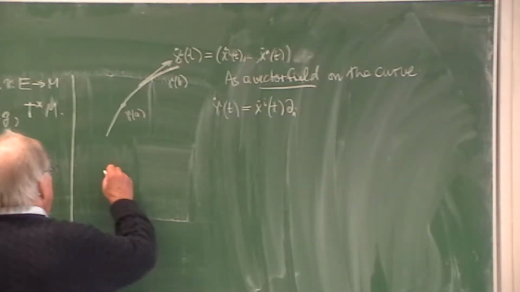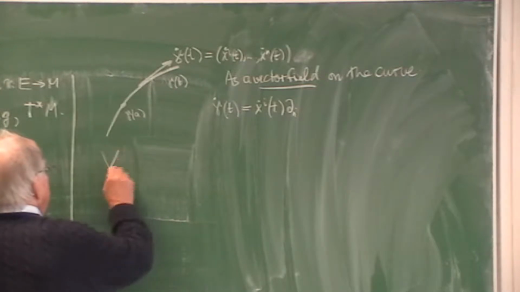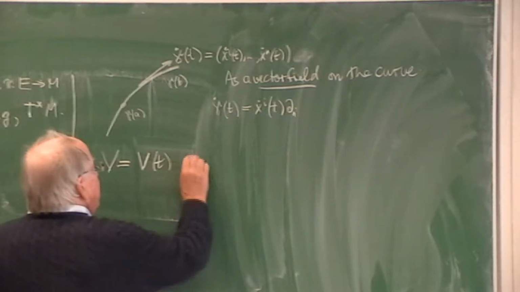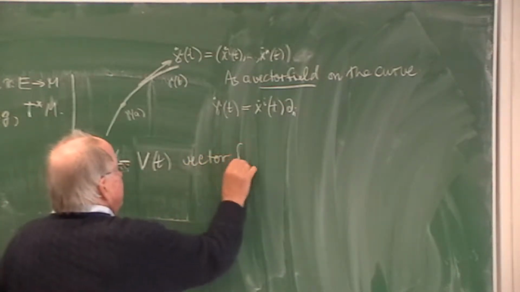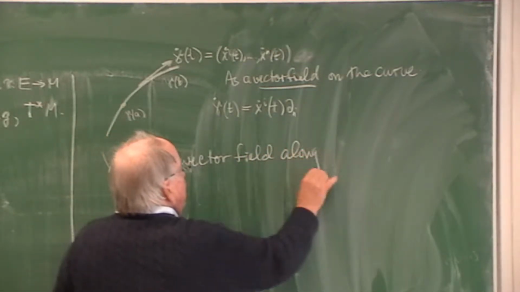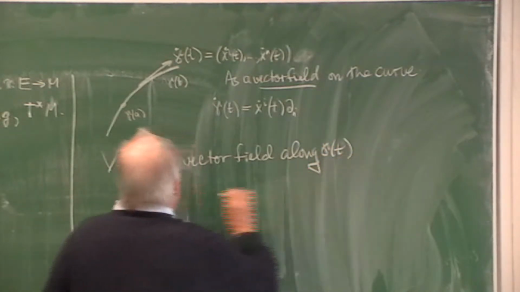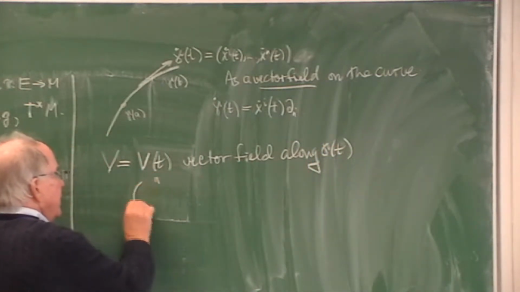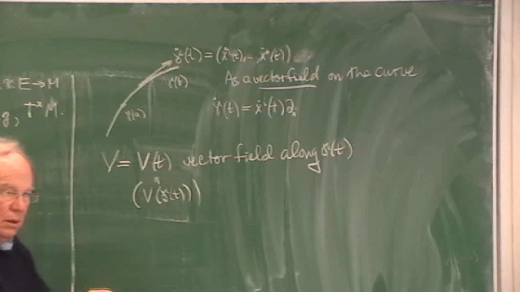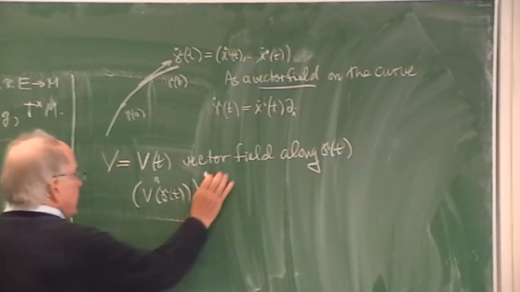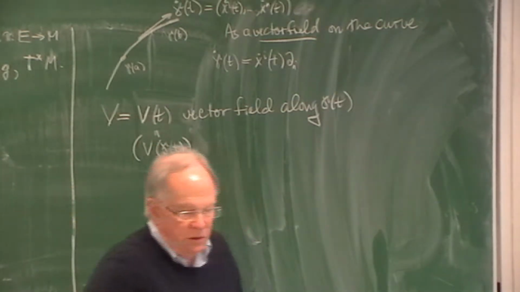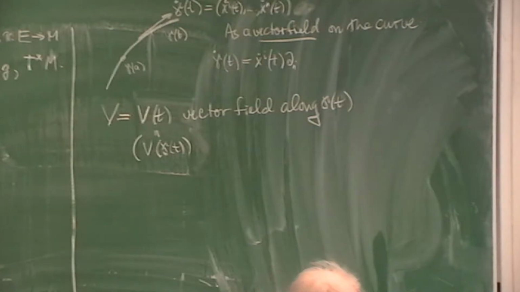And if we have a vector field V, say V of t, it is a vector field along the curve gamma of t. This is abusive notation. Really, this means V at the point gamma of t. Right, but we write it like that. We can have a vector field along the curve. And this is one of the key things to understand.